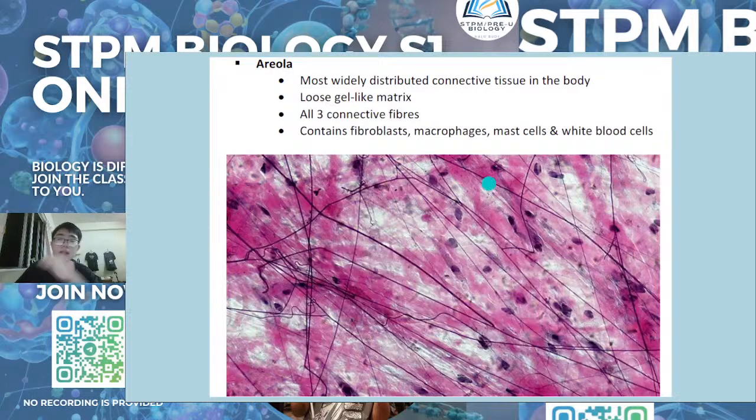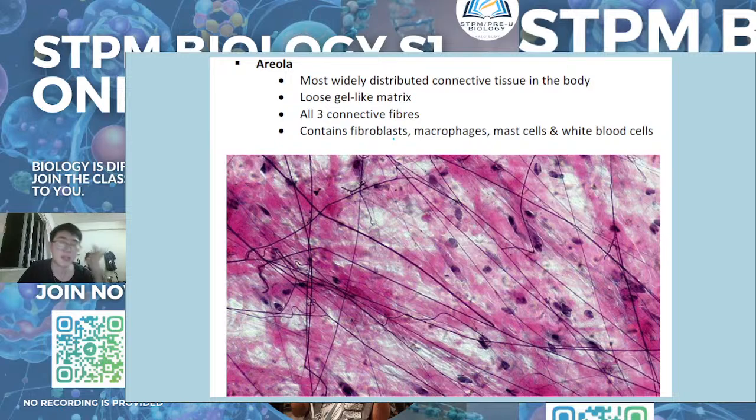Areolar, adipose tissue, and also reticular. So areolar tissue normally looks like this. So normally it is the most widely distributed connective tissue in the body. So actually all parts of the body normally contain this areolar tissue. It contains a loosely gel-like matrix, and then it contains all the three connective fibers.